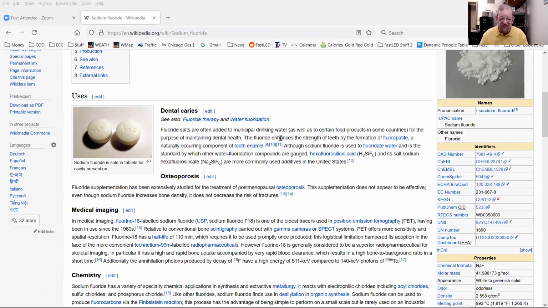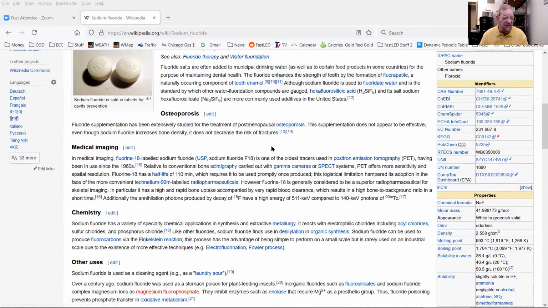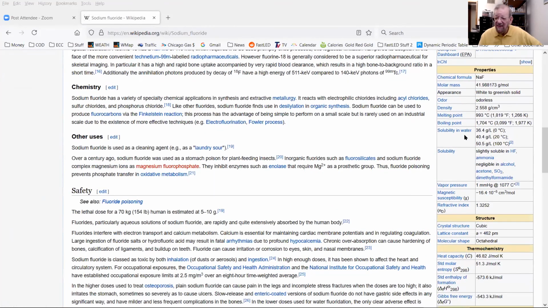I'll let you read this at your own leisure. But if we look over here, properties, what's the melting point of sodium fluoride, NaF? 993 degrees Celsius, which is 1,819 degrees Fahrenheit, which my oven doesn't go that high, and I know yours doesn't.